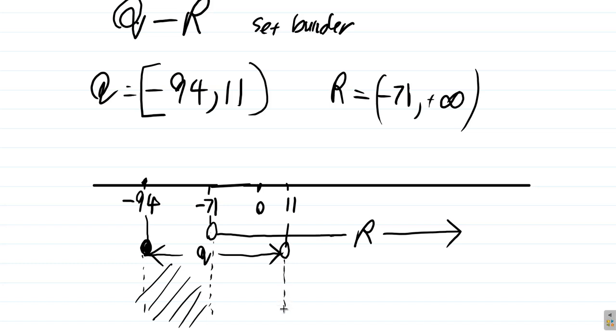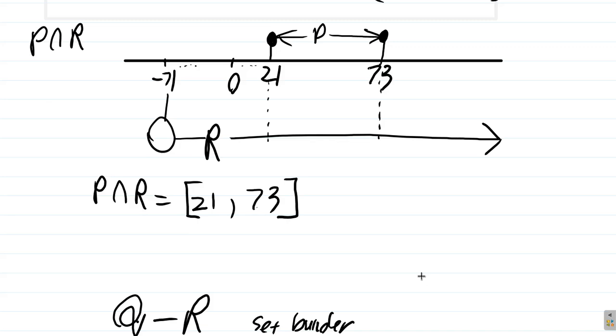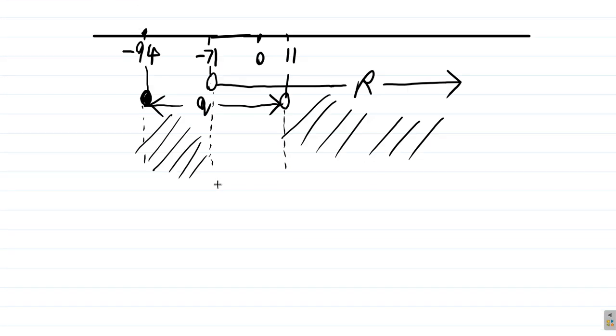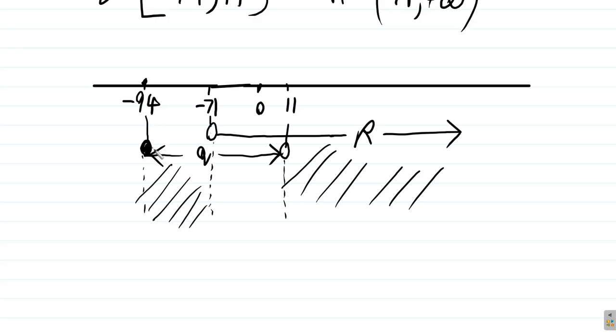Q stops right here, and R goes up to infinity. So we can say, in set builder notation, x is greater than or equal to negative 94, because negative 94 is included. At the same time, it is less than negative 71.